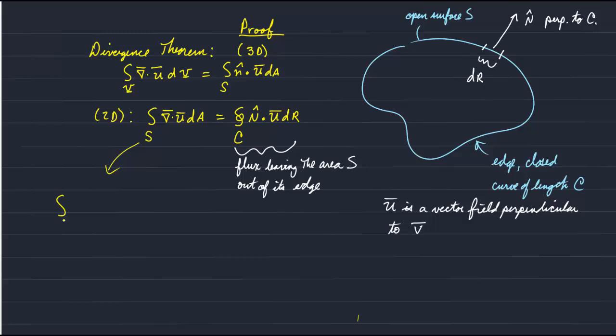So this left hand side again is the integral over the surface, and if we just write out the divergence of u in 2D, we have d by dx of the x component of u plus d by dy of the y component of u times dA, and that's equal to the right hand side, which is this closed integral around the curve of n sub x times ux, the x component of n hat, plus the y component of capital N hat times uy times ds.